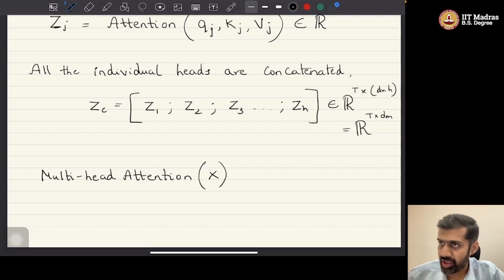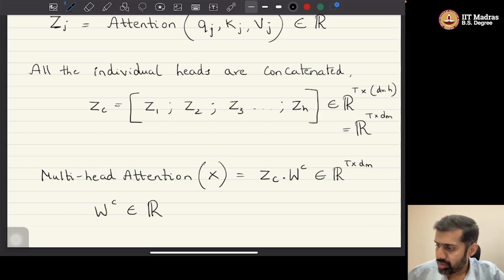Remember that we are operating on x as Z equals C times another matrix WC, which makes it in R T cross dm again, right? Where WC is in R dV times h cross dm dimensions.